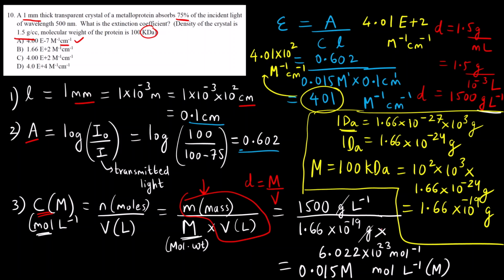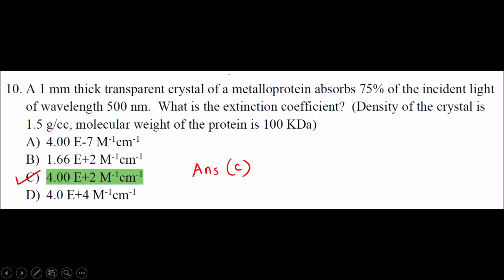Then again there were conversions in density, where we converted gram per ml into gram per liter, because the unit of volume should be liter inverse. And then there was the missing term of moles, so that is why we multiplied by the Avogadro number, mole inverse. So you will get the final unit as mole per liter, and then substitute directly, you will get the answer. I hope you have understood the solution. Thank you.